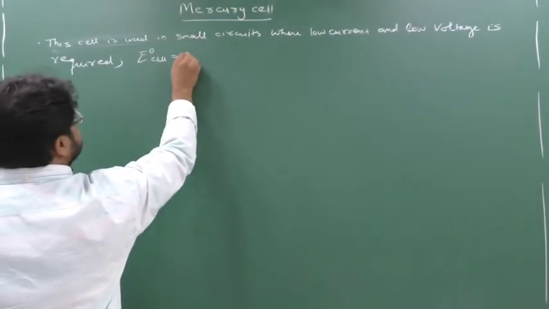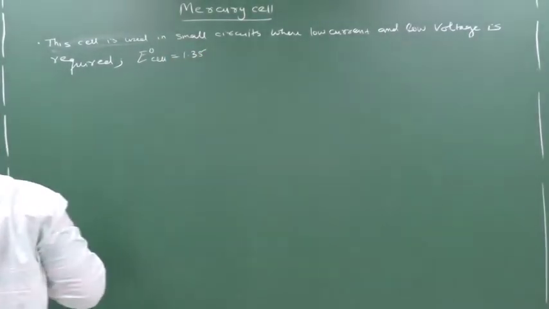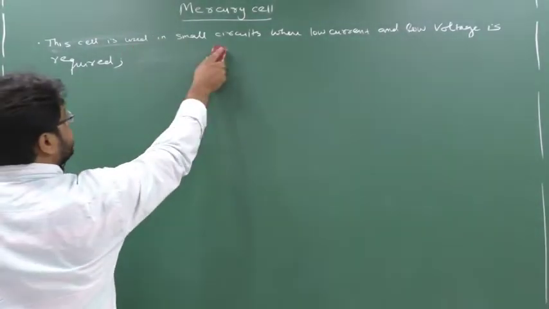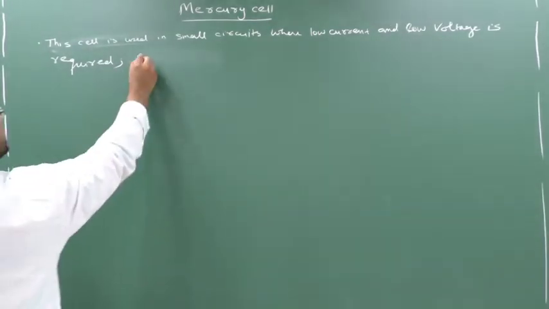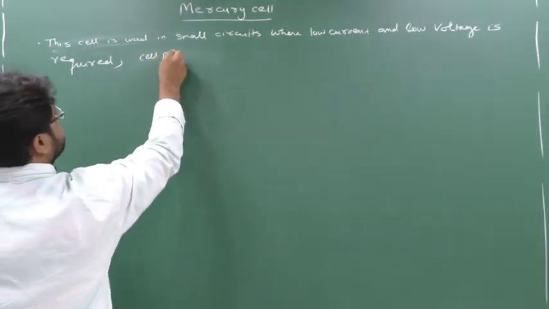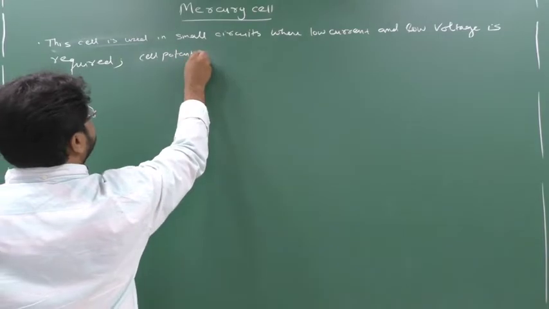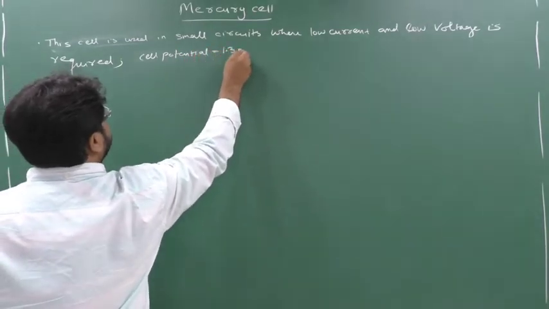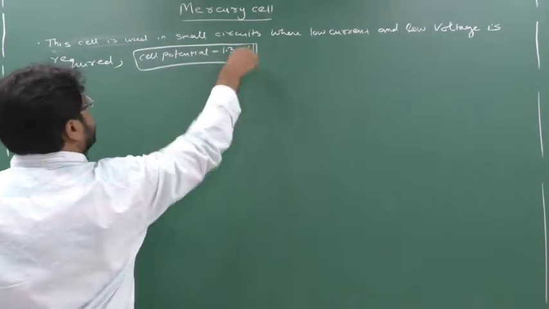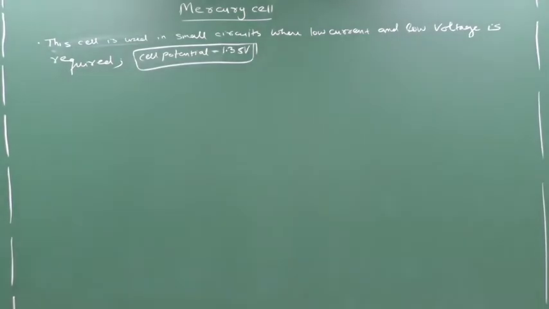Their cell potential, or net cell potential, meaning how much voltage they will give, is nearly 1.35 volts. Remember this, clear this part.